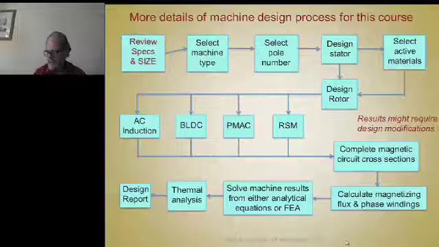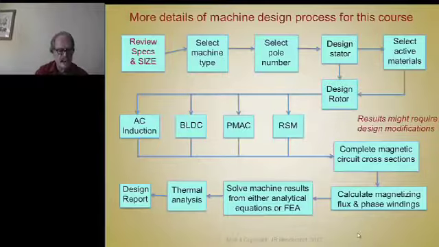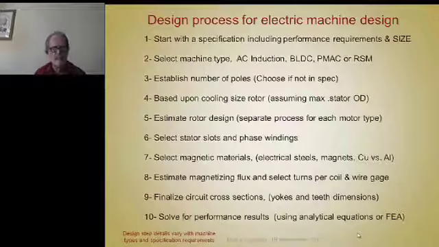What I mean by that is to do some analysis of some motors that you have some thermal data on, then use that to calibrate your model to use on the next one that hasn't been tested yet. So you really have to calibrate any lumped parameter or FEA thermal analysis against the machines that you have some data on. And finally, you write a report on all this stuff.